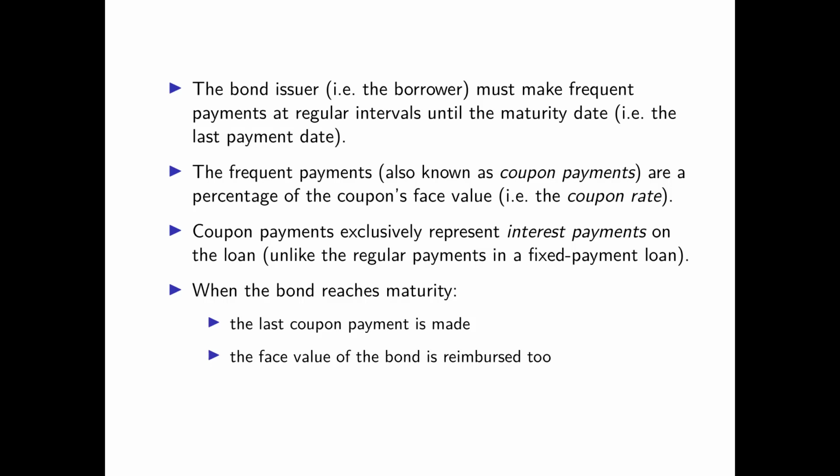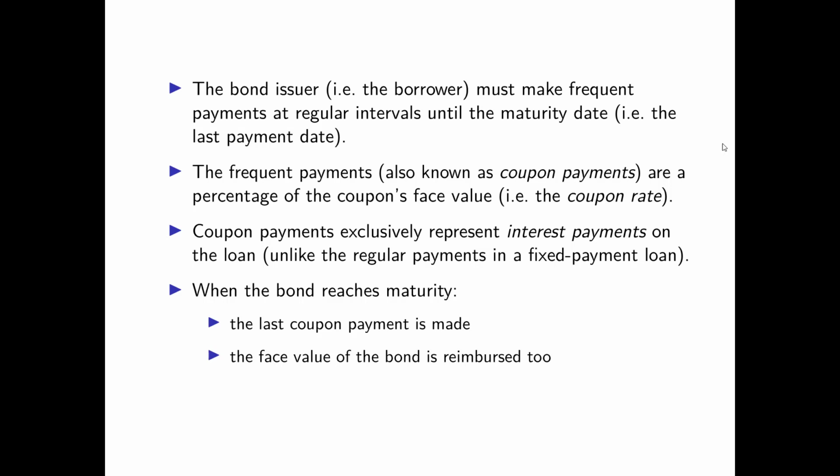Now, coupon payments, those regular payments, exclusively represent interest payments on the loan. This is different from fixed payment loans, because there each installment had a principal component and an interest component. But in the case of coupon bonds, all the payments that are made are exclusively interest.